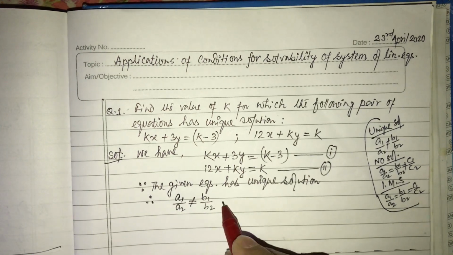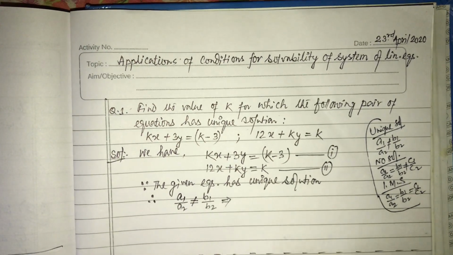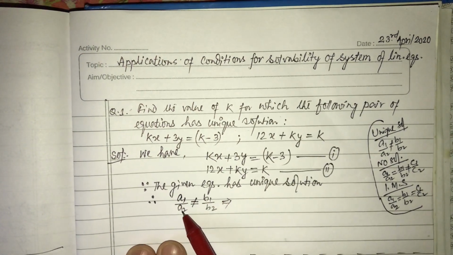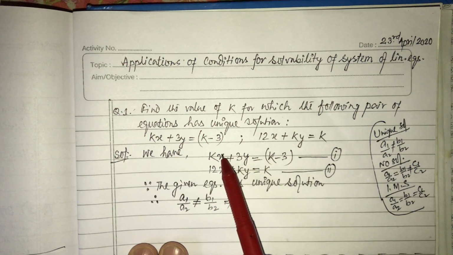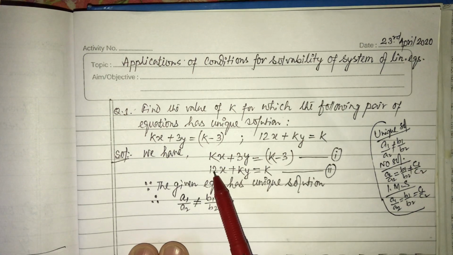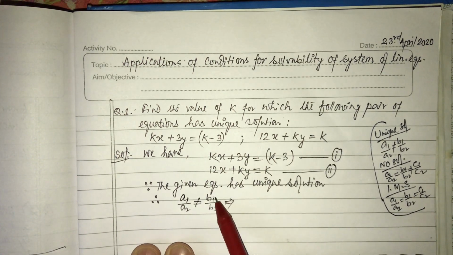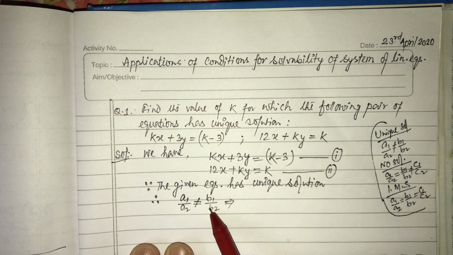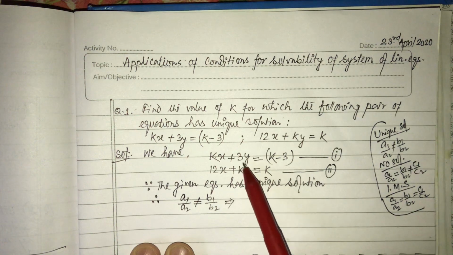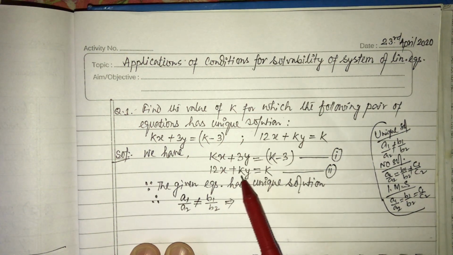Now let's substitute the values. a1 and a2 are the coefficients of x in both equations. In the first equation the coefficient of x is k and in the second it is 12, so this is a1 by a2. Similarly b1 and b2 are the coefficients of y: in the first equation it is 3 and in the second it is k.